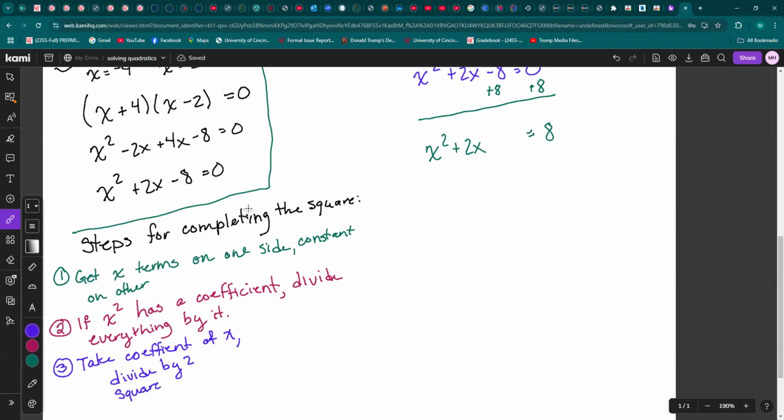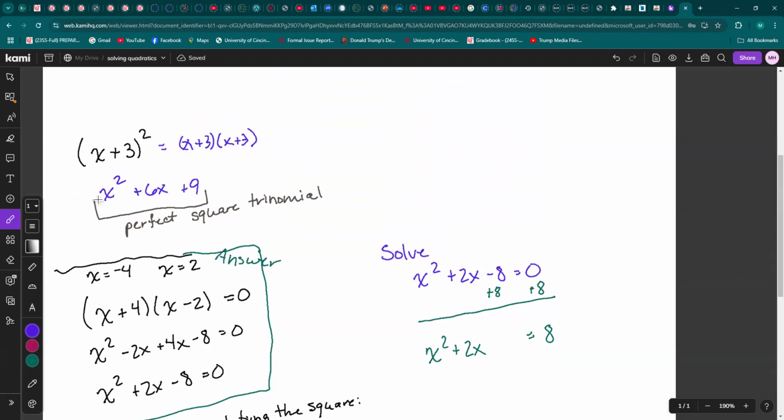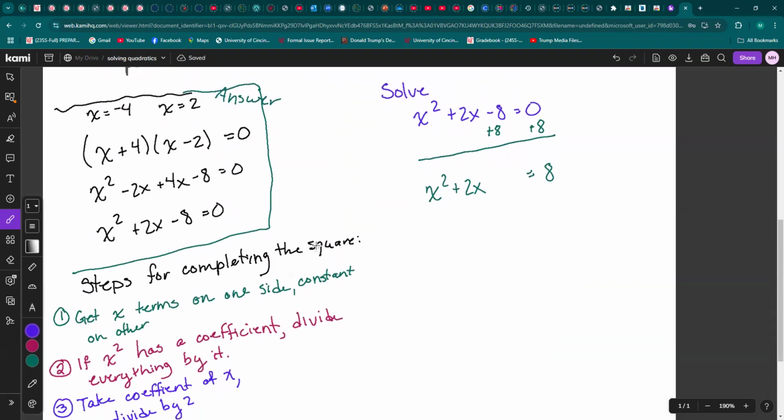Because while we're doing this, we're thinking of, we wanted the opposite of what this was. We multiplied these two numbers together, and then we doubled them. And this number here was the square of whatever I had in the parentheses. So we're kind of working back to figure that.